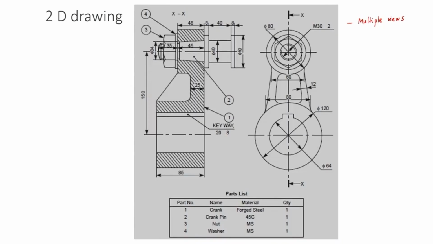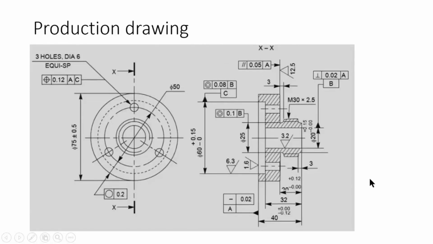The design engineer should also provide the information about the surface roughness, the tolerances on the dimensions as well as on the features. Once this information is provided, a simple 2D drawing will be converted into the production drawing.